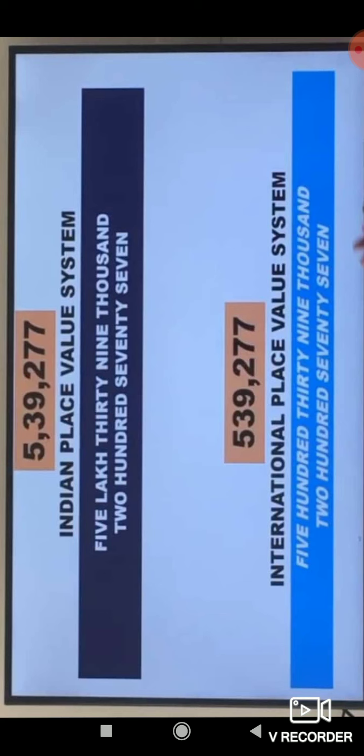In this way, you have to write the numbers in terms of the Indian place value system as well as the international place value system.